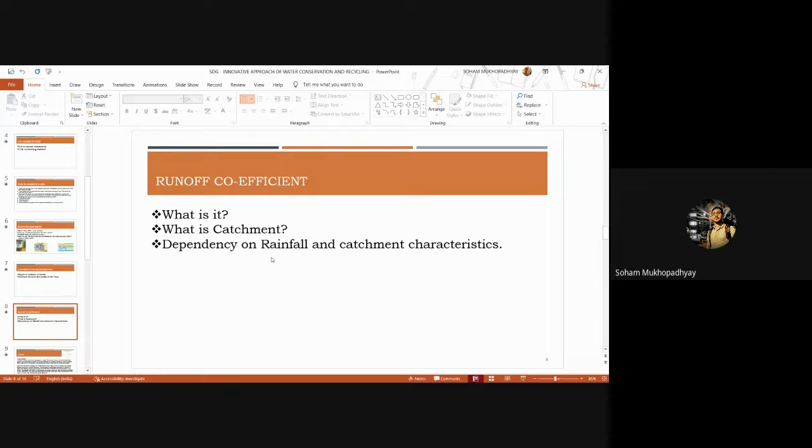These studies suggest that the average runoff generation from arid Rajasthan is between 1 and 15% of rainfall, because most of the terrain is sandy.